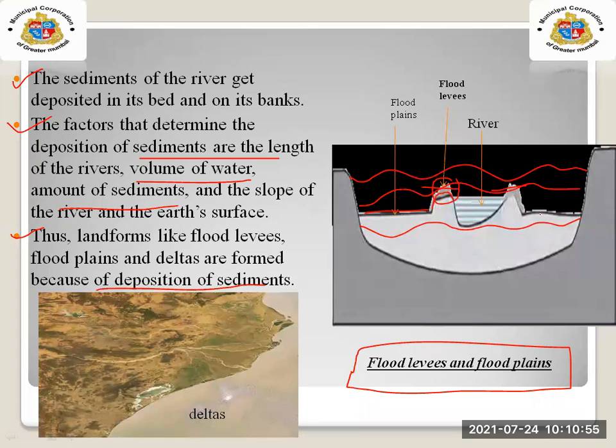But to understand these flood leaves, a leaf is a natural or artificial wall that blocks the water from going where we don't want it to go.